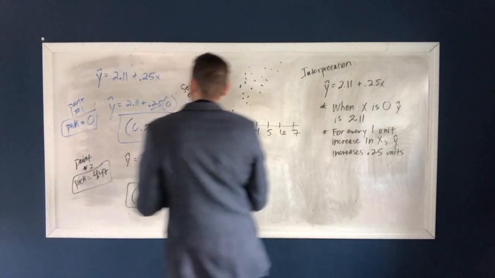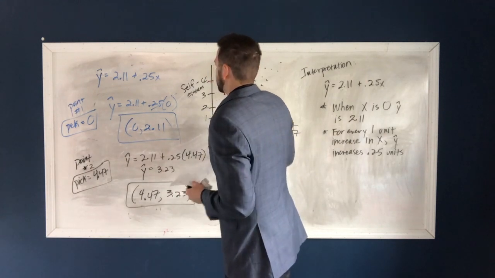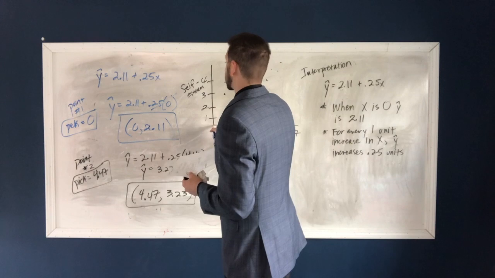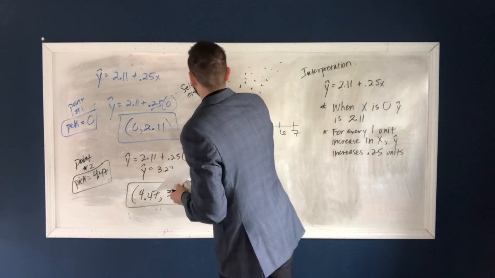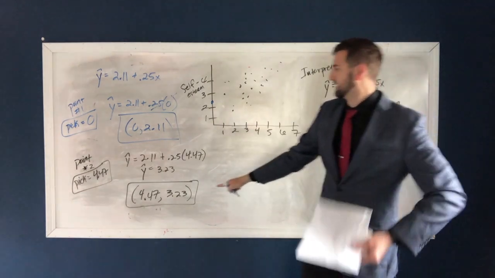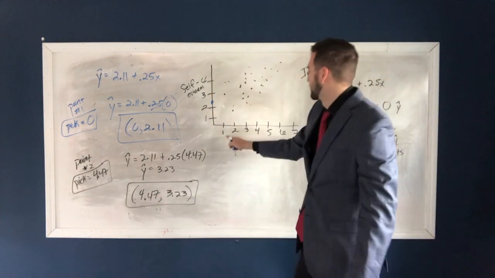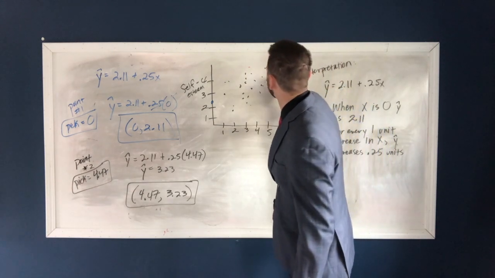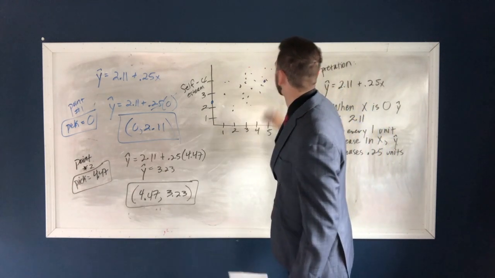Okay, so now we can plot those points. So when x is 0, y is 2.11. So there's that point. When x is 4.47, which is about here, y is 3.23, which is somewhere about here.